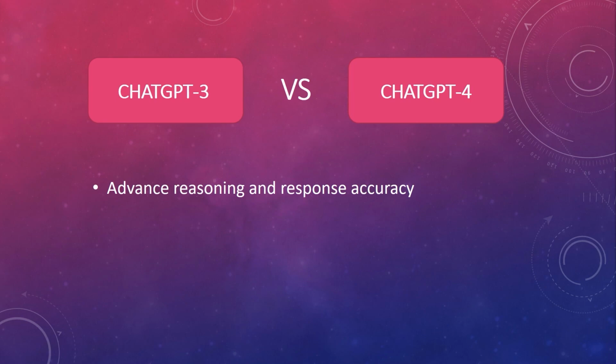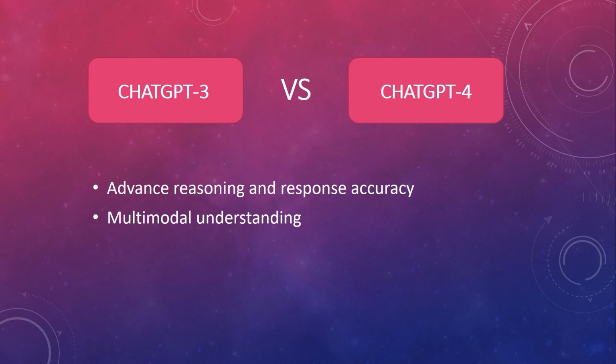This results in better advanced reasoning capabilities, higher accuracy, and more concise responses compared to ChatGPT 3. Next up is multimodal understanding. ChatGPT 4 has a dramatic, significant improvement over ChatGPT 3 due to its multimodal capabilities.